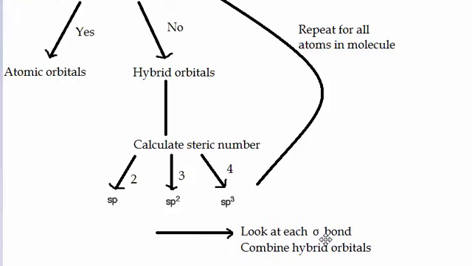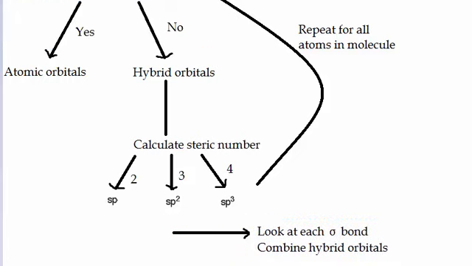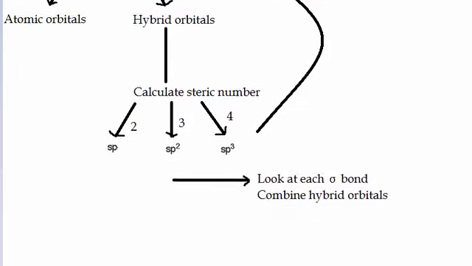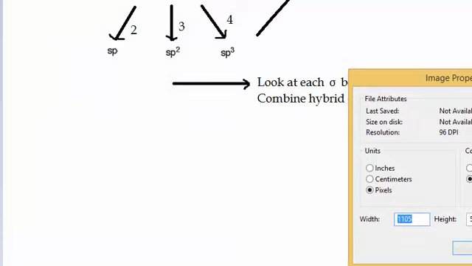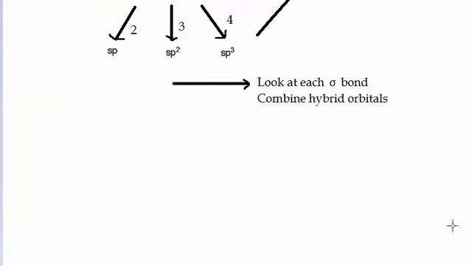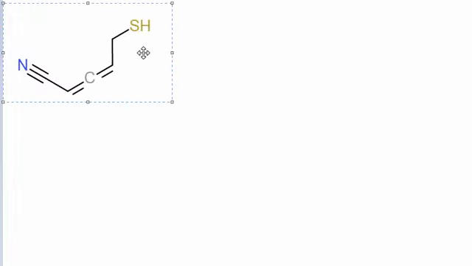Once you've done that, we could look at each of the sigma bonds and determine the hybrid orbitals from there. Okay. At this point, we're going to start doing some examples, because that makes everything a bit more clear. So say we are given a molecule that looks like this.